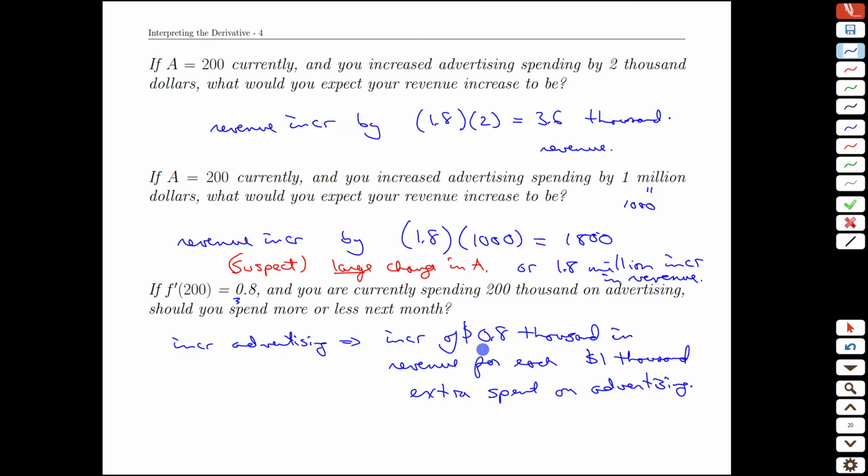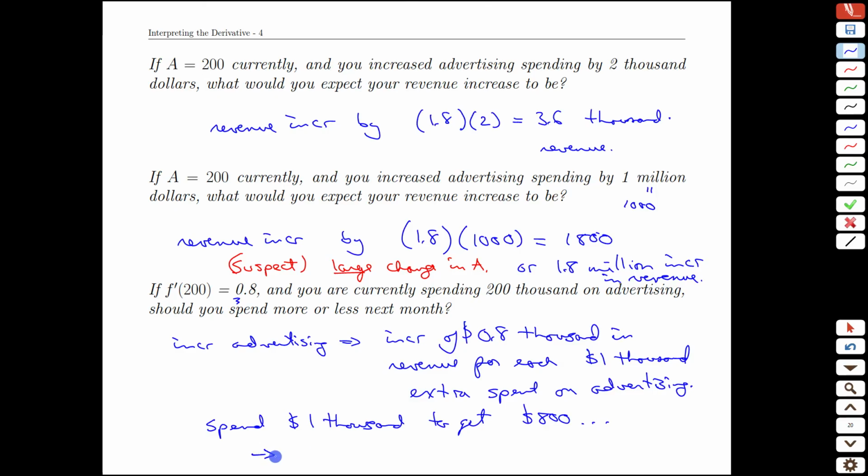For those in the commerce econ side, though, you should be seeing something a little suspicious. What we're doing here is we're spending $1,000, and what we get back is 0.8 thousand, or we get back $800. That doesn't seem so helpful.